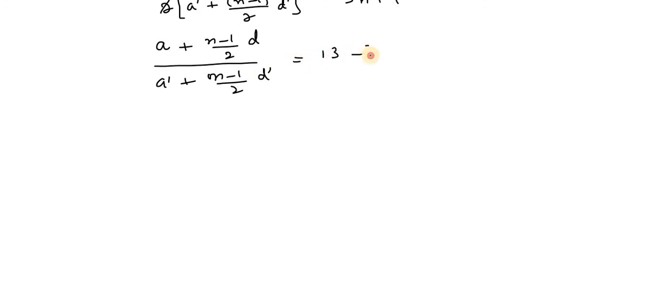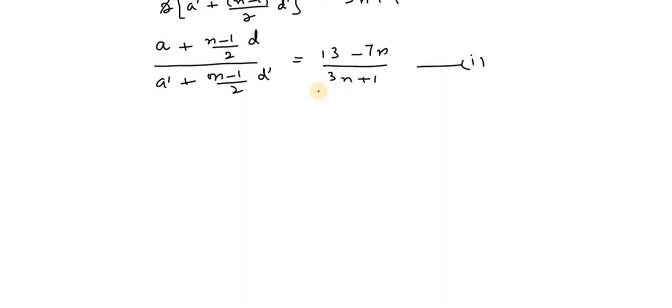So we get a plus n minus 1 upon 2 d upon a dash plus n minus 1 upon 2 d dash is equal to 13 minus 7n upon 3n plus 1. This is our equation number 1.